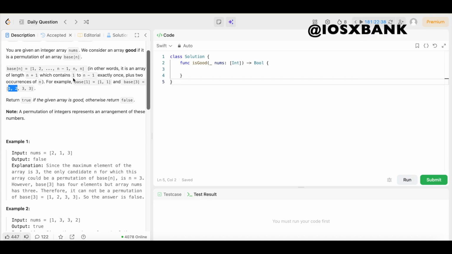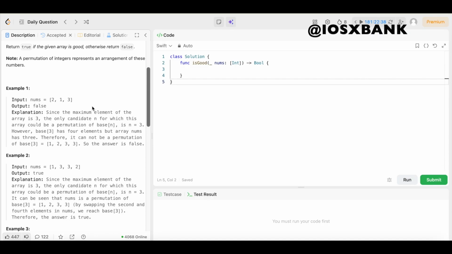So that's this right here, contains 1 to n minus 1 exactly once. So that's this 1 and 2 because n is equal to 3. Then it says plus 2 occurrences of n. So then we have 2 occurrences of 3 right here. And that's what makes this a good array, right? So now that we understand that, let's take a look at example 1.